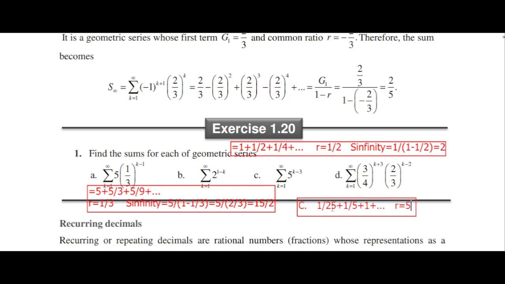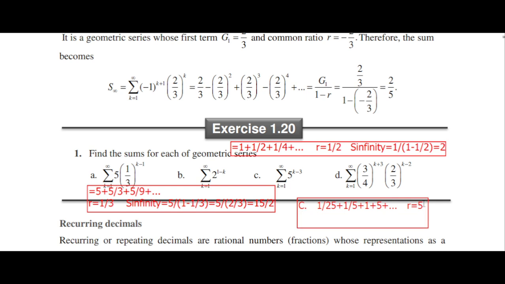Let's check: multiply 1 over 25 times 5, that is 1 over 5, yes. 1 over 5 times 5 is 1. Let me add one more: for k equals 4, 4 minus 3 is 1, so we have 5. Plus, and so on. So the common ratio R is 5.